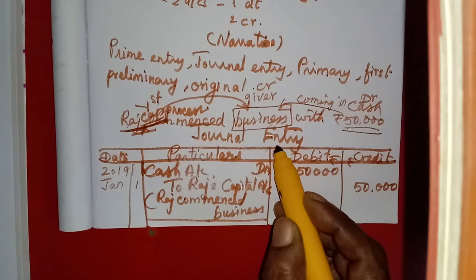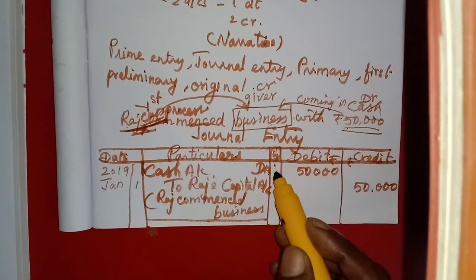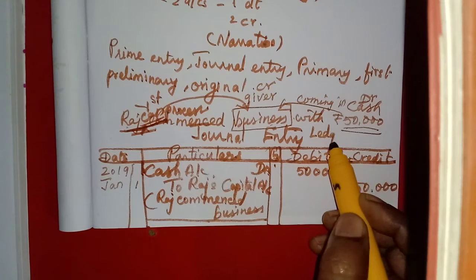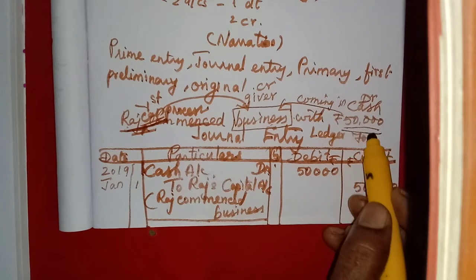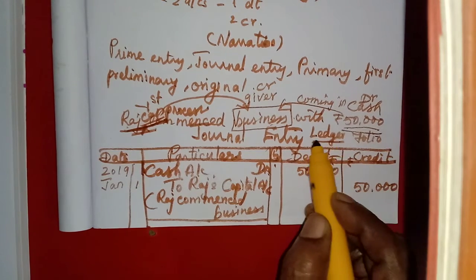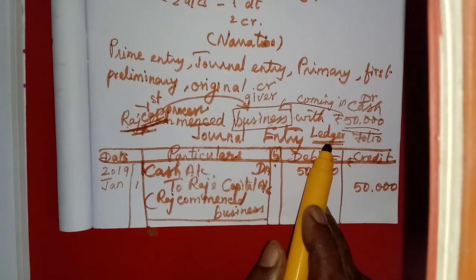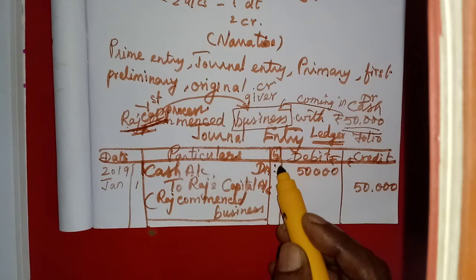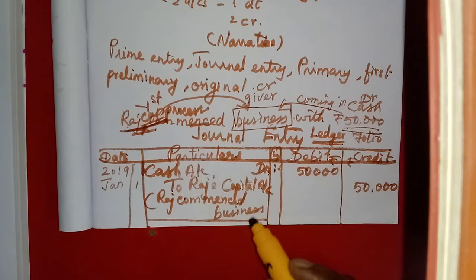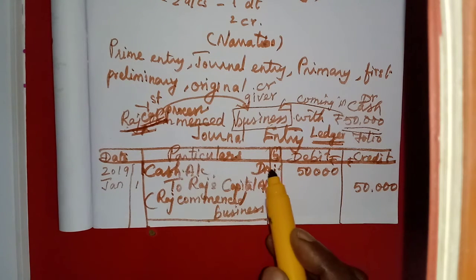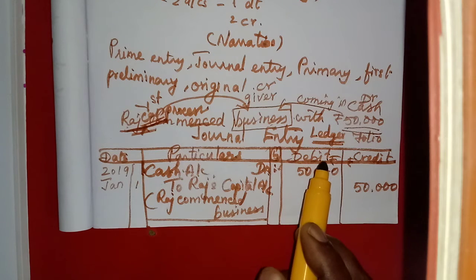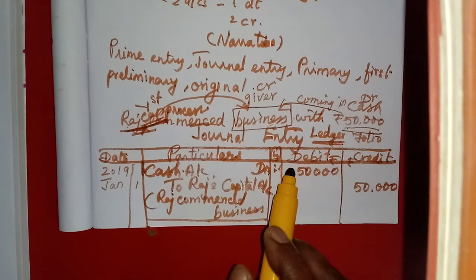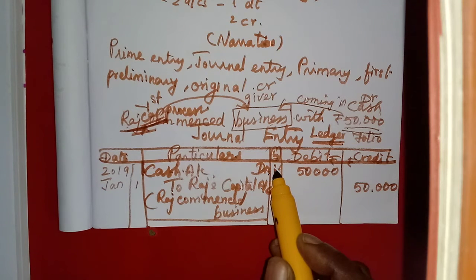Now I will explain what LF is. LF means ledger folio. When we prepare the ledger account, we will write the page number of that ledger account here, where this entry is posted, for reference for the auditor or anyone who checks the accounts, so he can easily understand.